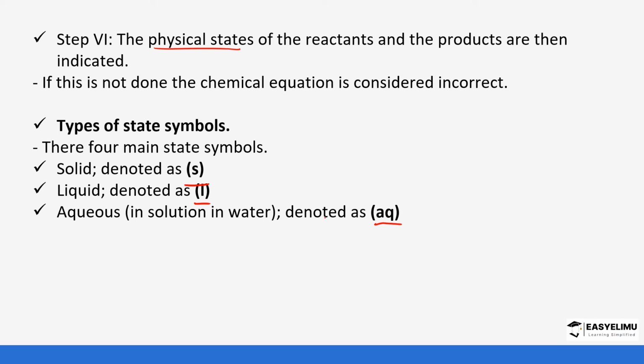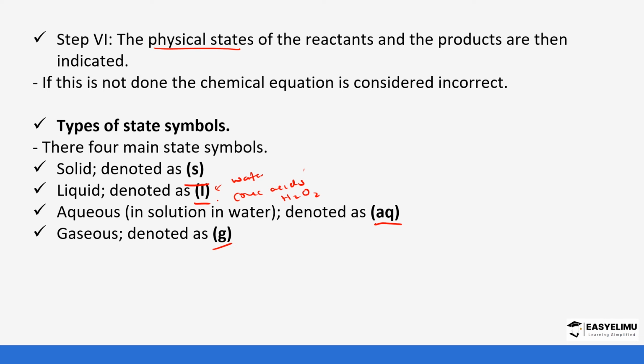Almost all substances in chemistry that are in solution states are usually aqueous. But there are some unique liquids we have, like water and some concentrated acids. Also, hydrogen peroxide is a liquid. Whenever a substance is in liquid state, you will always be told when the reaction is being explained. And then gaseous state is denoted as g.